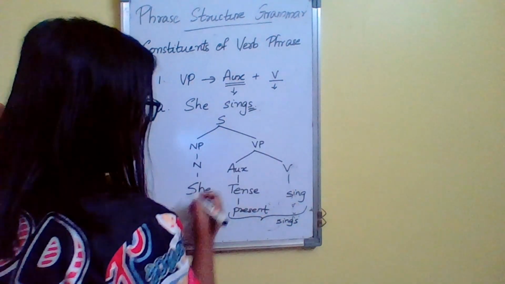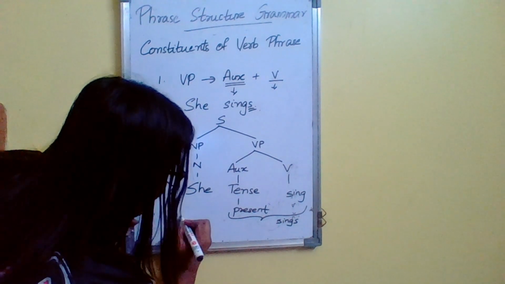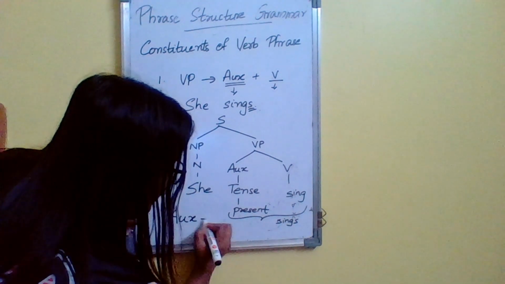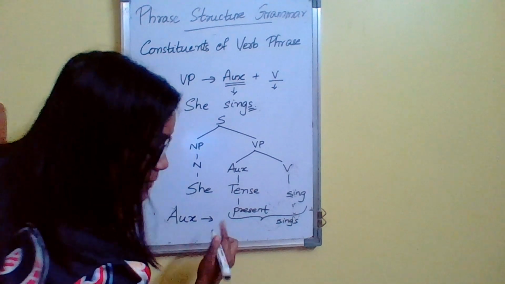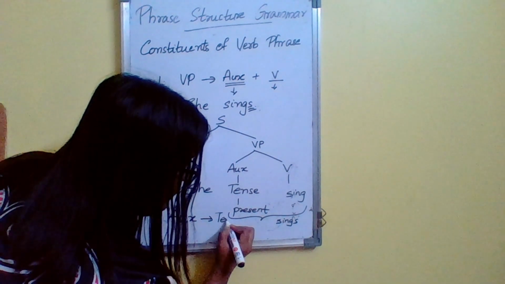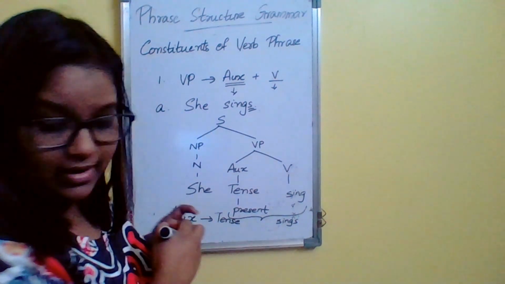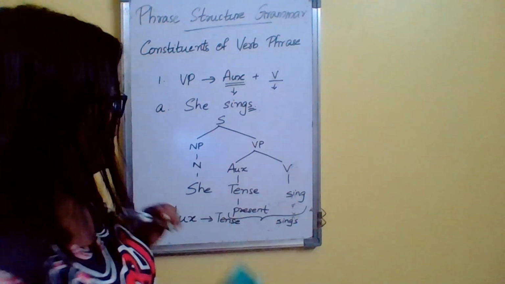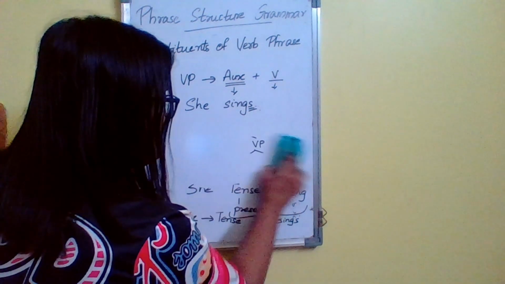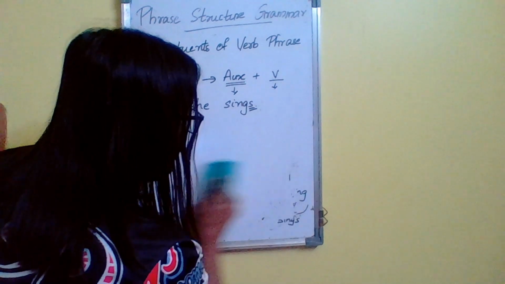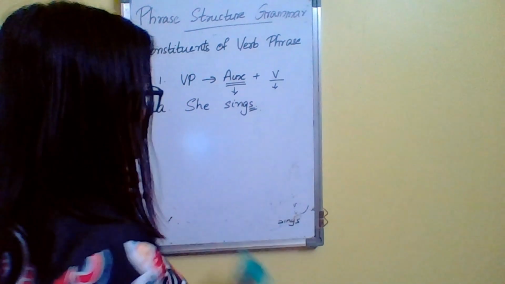So let us rewrite that equation. Auxiliary can be tense. Okay. Auxiliary can be tense. Let me just rub this diagram and show you how we can rewrite the rule.